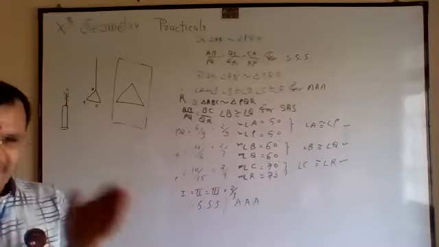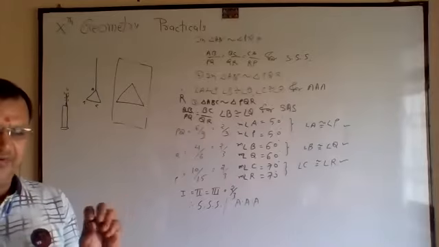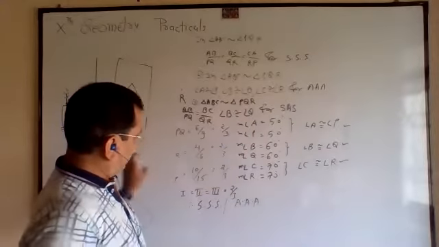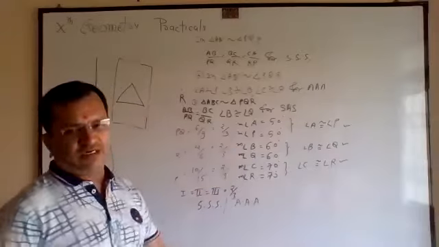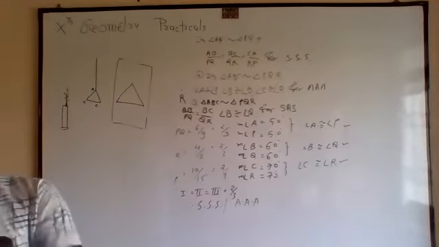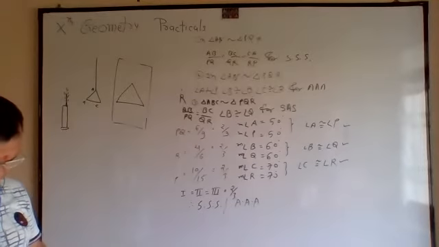But in your practical exam, they will not give such things. They will ask you to write the test, write the pairs, sides are in proportion, corresponding angles are congruent. That's it. Here the first part is over. Any doubt you can ask now also.